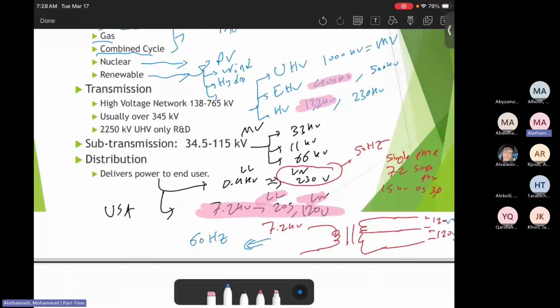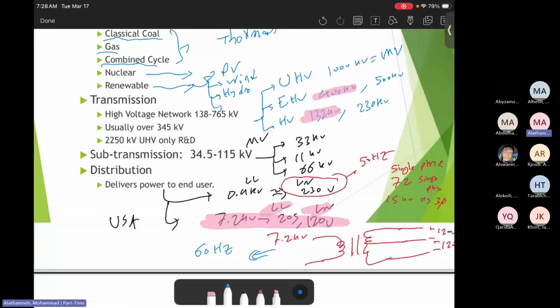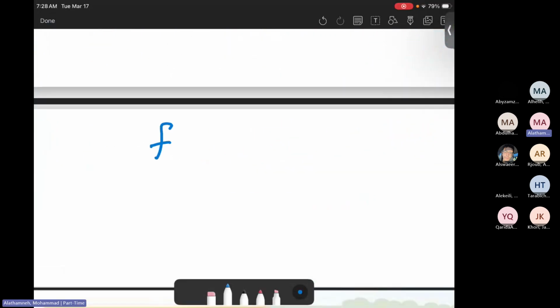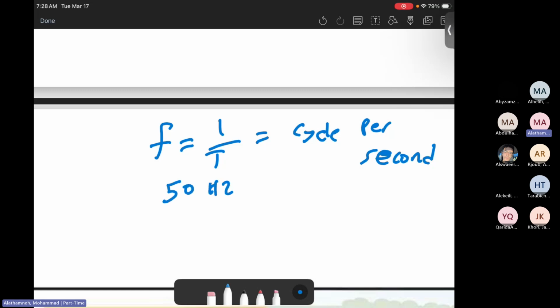So the thing here, let's think about the frequency definition. The frequency is 1 over the time, or cycles per second. When we say 50 hertz, this means 50 cycles per second.